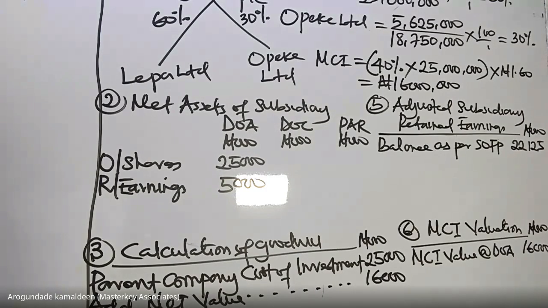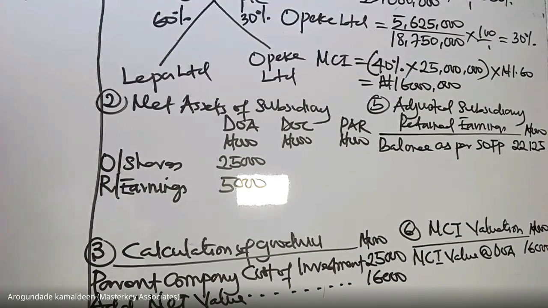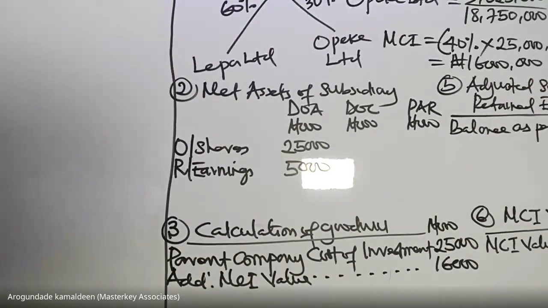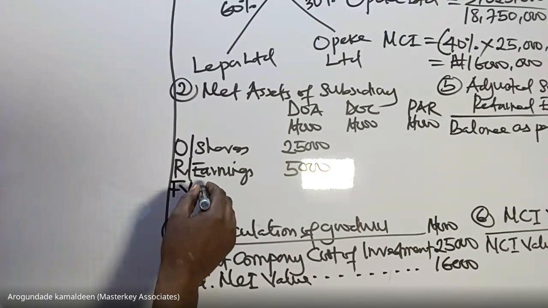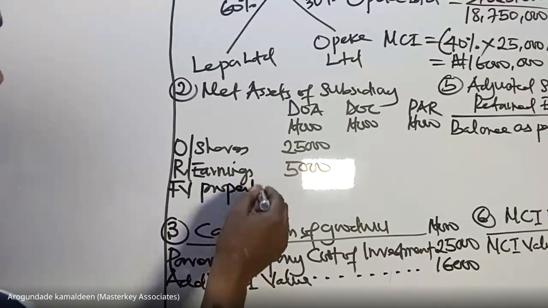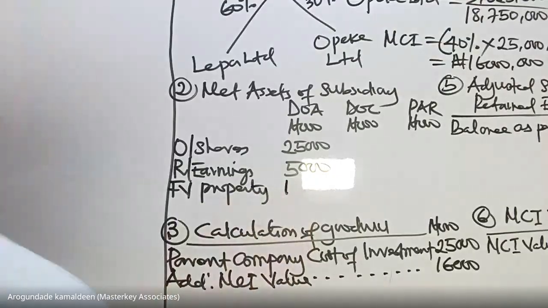So now, what are you going to do? You are going to add to the net assets in the balance sheet: fair value gain on property, 10 million.